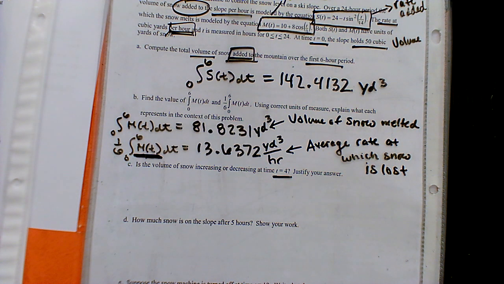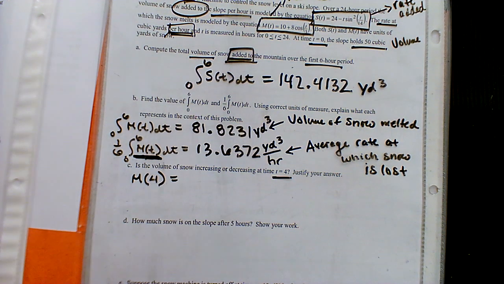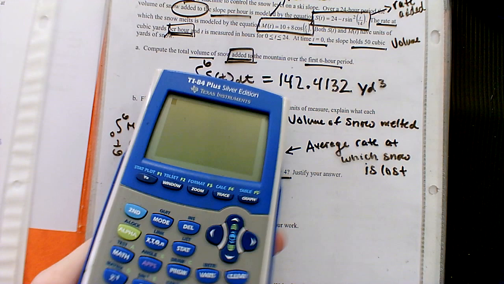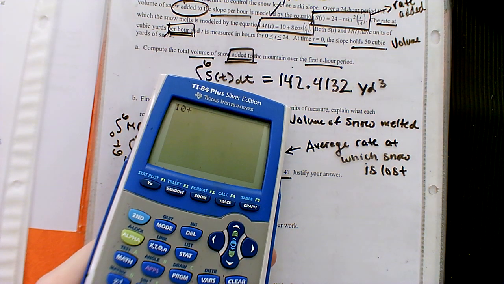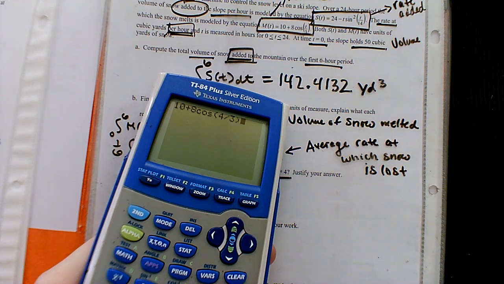Yeah? Second one, the M of T, that's like prime. Okay. Let's plug in 4 into the M function. So 10 plus 8 cosine, and we'll have 4 divided by 3.